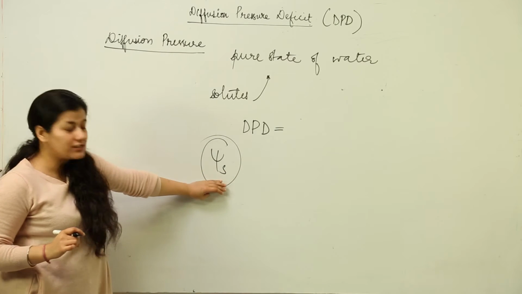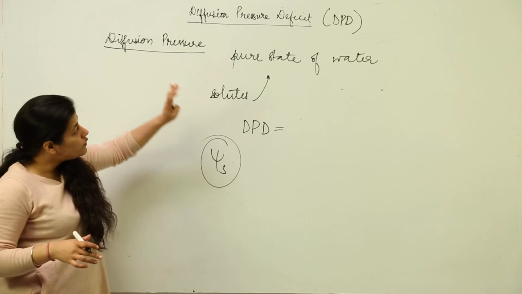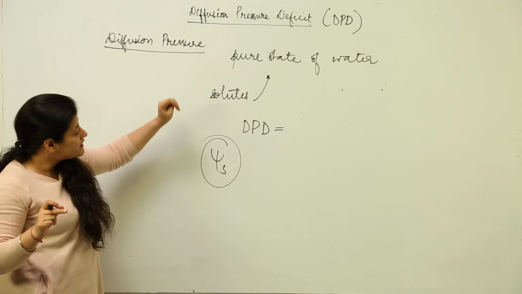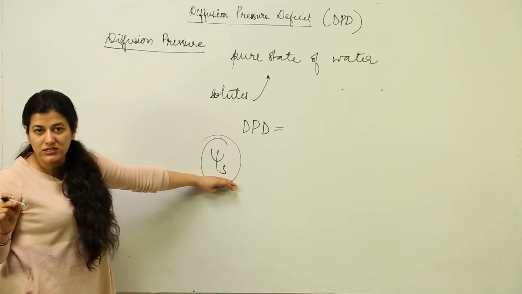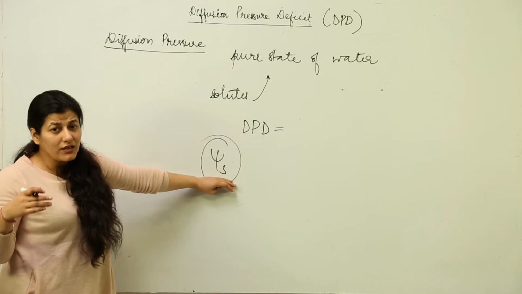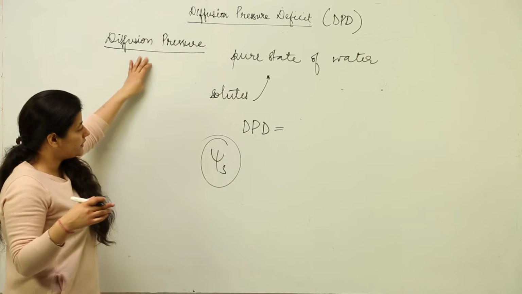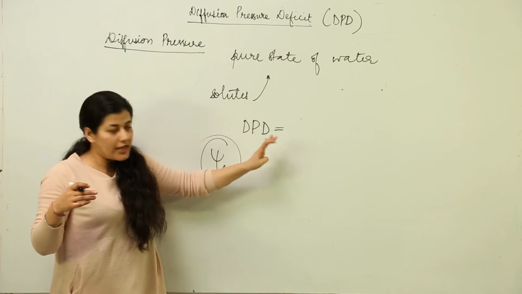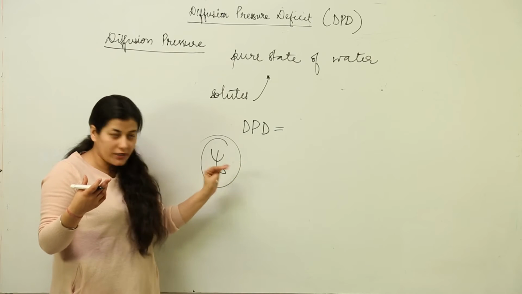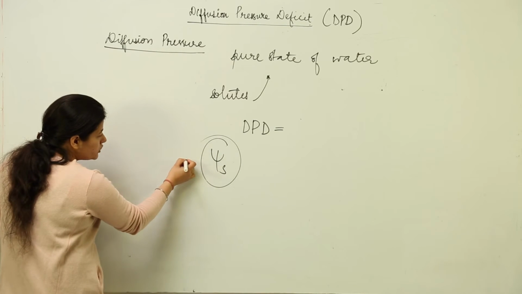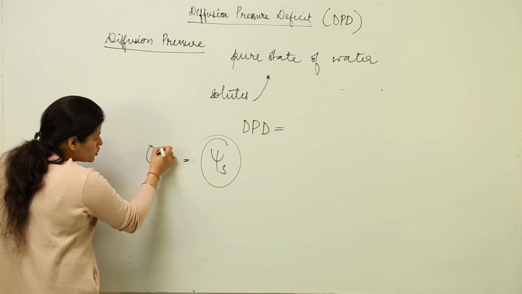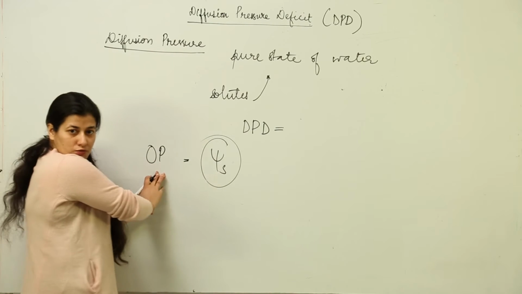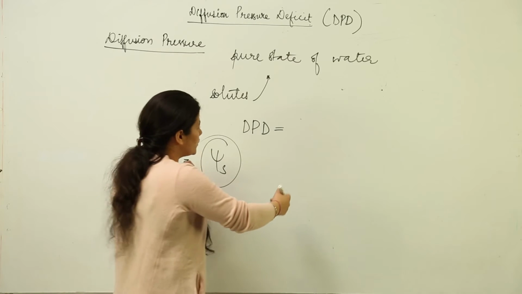Since we are considering the diffusion pressure deficit in the given cell, it is better to consider these solutes in terms of pressure, because ultimately it is the diffusion pressure deficit. So we are going to take pressures instead of potential. So the solute potential gives us osmotic pressure. Okay, the solute potential is equivalent to osmotic pressure, which in turn is equivalent to osmotic potential.